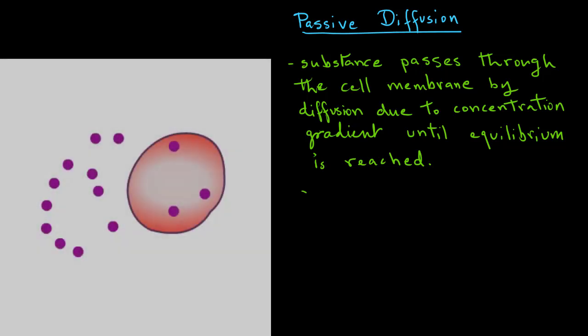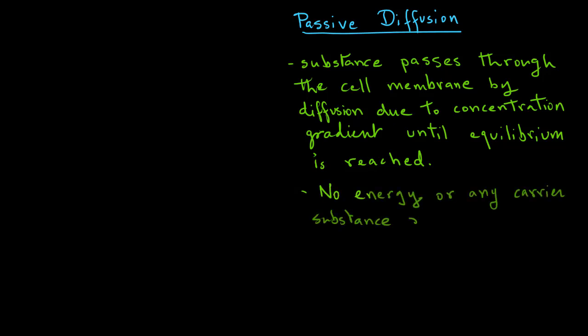We can see that here in this animation, where the outside has a higher concentration of a substance, and then due to passive diffusion, some of the substance molecules transfer into the cell, and that transfer continues until the concentration is same on both sides of the membrane wall. No energy or any carrier substance is required for passive diffusion.